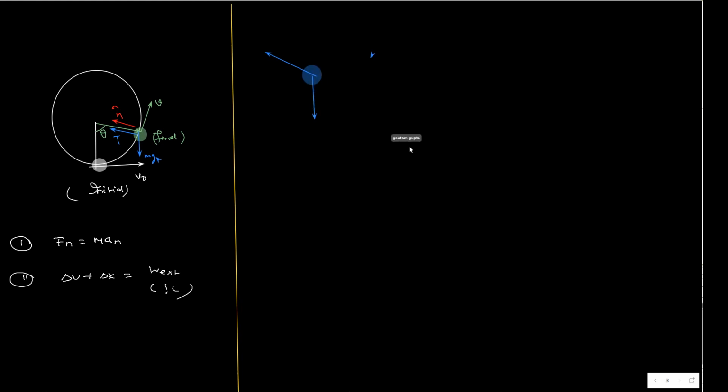This angle is theta. So Fn is equal to m an, where n cap is towards the center. So T, which is towards the center, minus mg cos theta will be equal to m v square by r. This is your first equation.